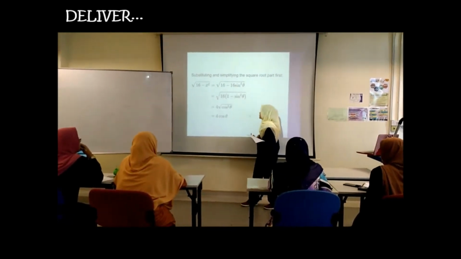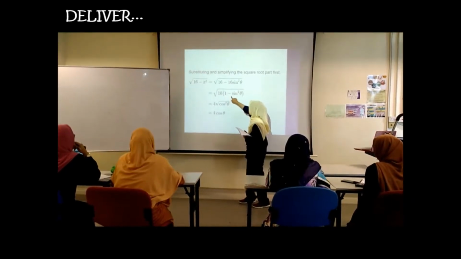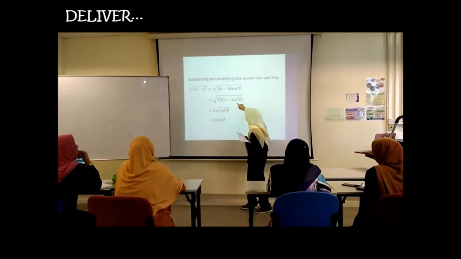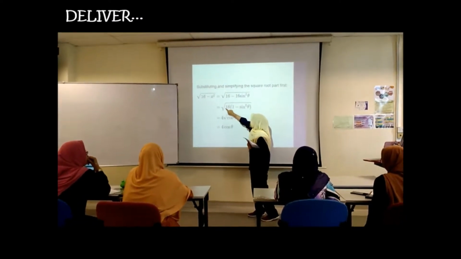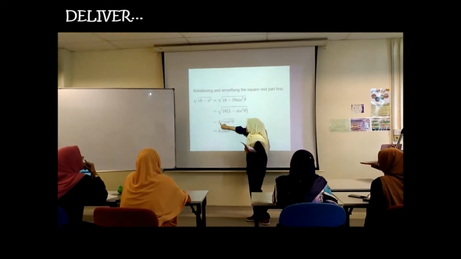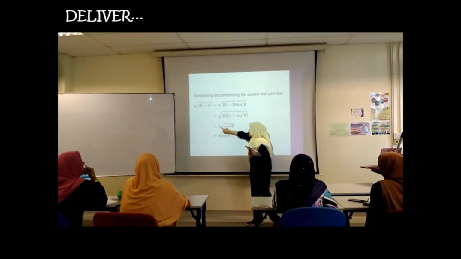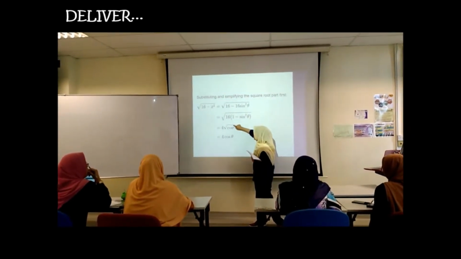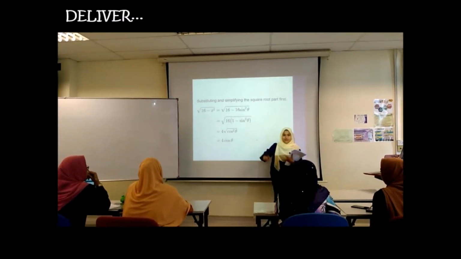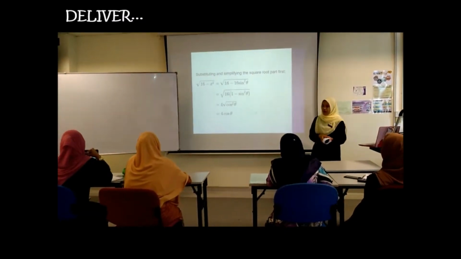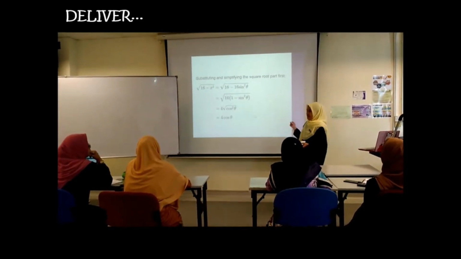After we factorize 1 minus sin squared theta, we got cos squared theta. Square root of 16, we get 4. So 4 square root of cos squared theta. So the answer is 4 cos theta. So guys, do you understand what I have taught just now?